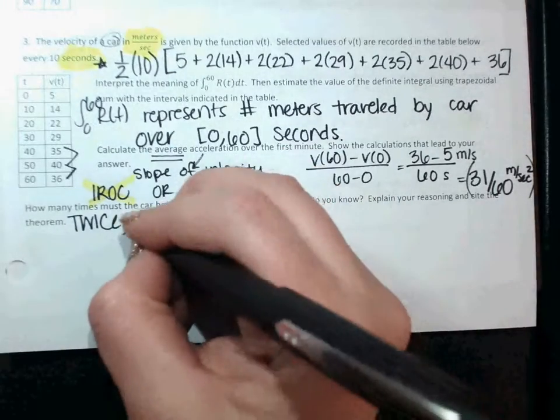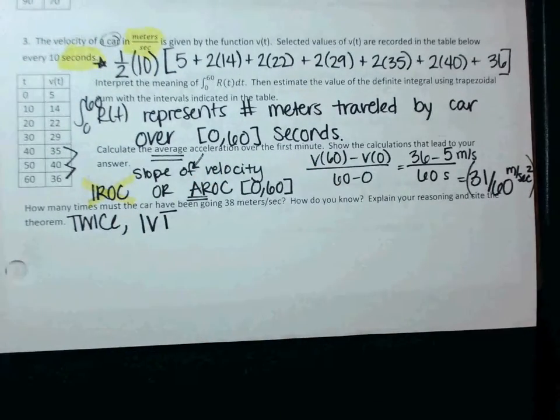So, IVT, I was going to ask you, what theorem is it? IVT, because remember, the I stands for intermediate. So, 38 is in the middle, it's intermediate.